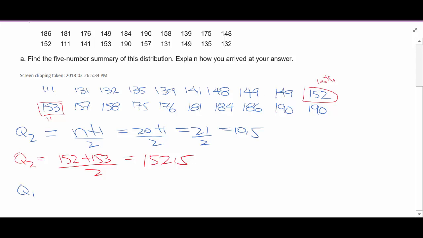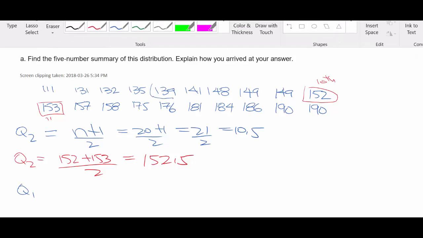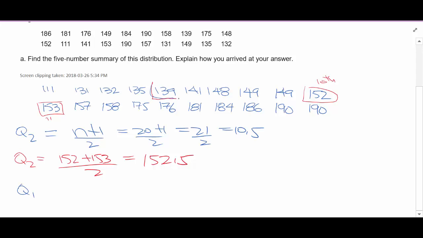It looks to be that 139 is Q1, because you have 1, 2, 3, 4 values on the left side and 1, 2, 3, 4, actually 5 values on the right. I got 10 values. Actually, that means I have to find the average.